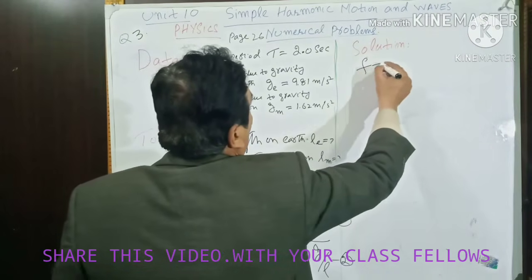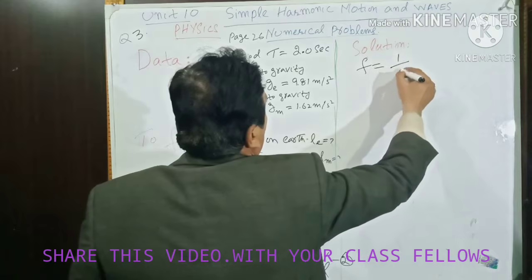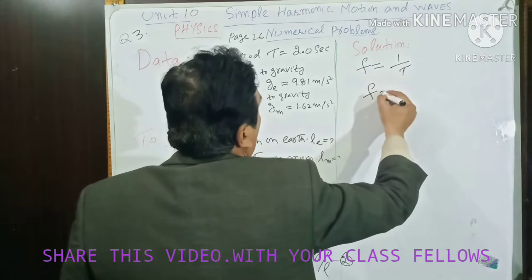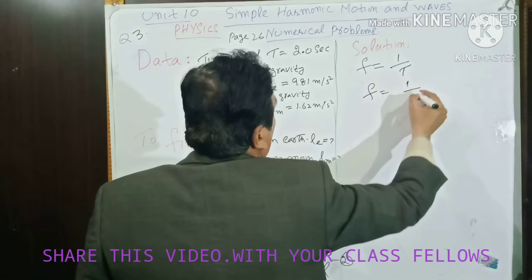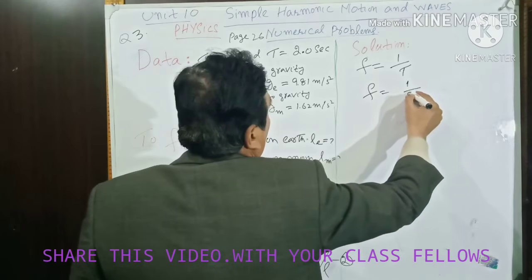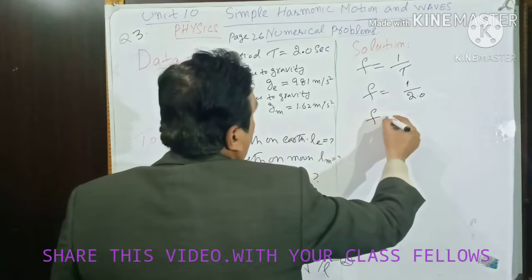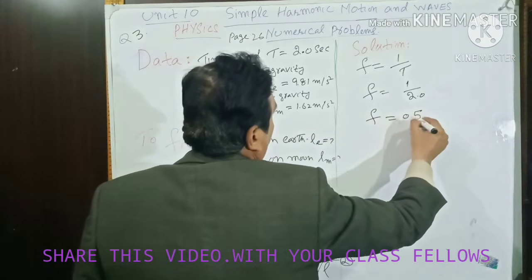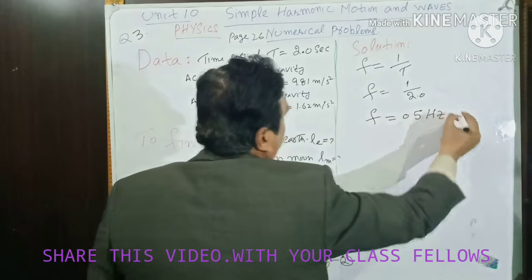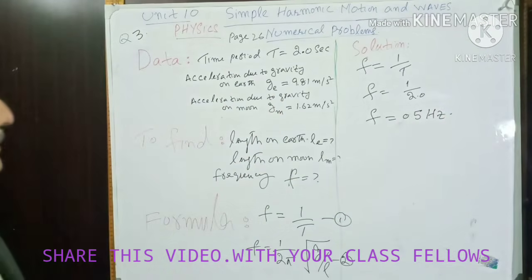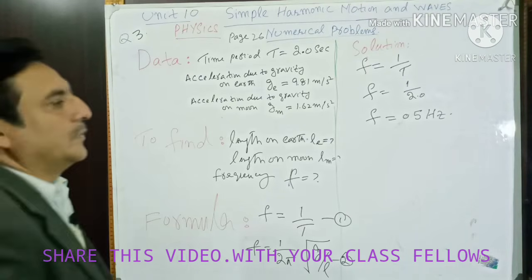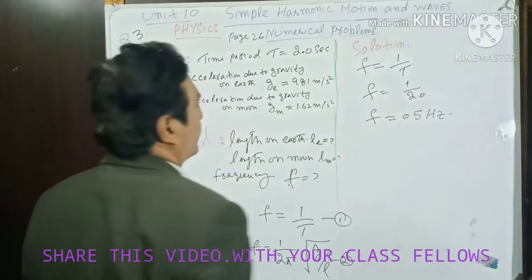F is equal to 1 by T. Putting the values, 1 divided by 2.0, 0.5 और ये हर्ट्ज. So frequency on moon and frequency on earth both will be 0.5 hertz.